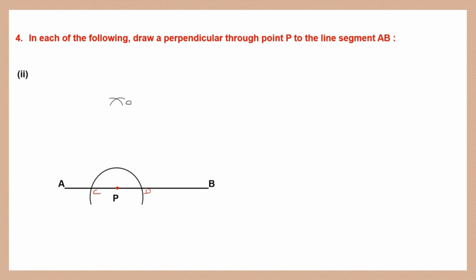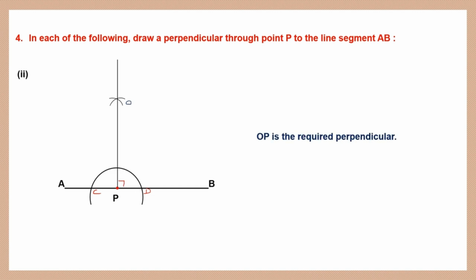Now join PO. So we've joined PO. As you can see, PO is the required perpendicular because it has cut the line AB exactly at right angles. So we have 90 degrees here.